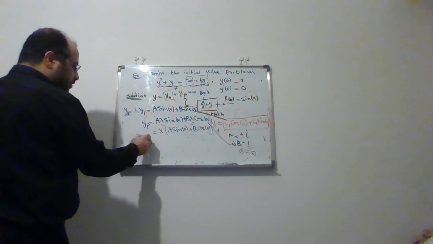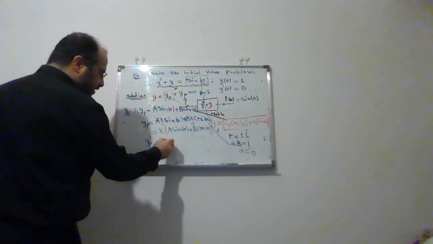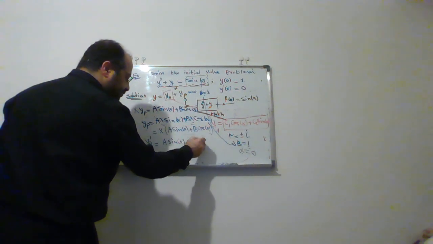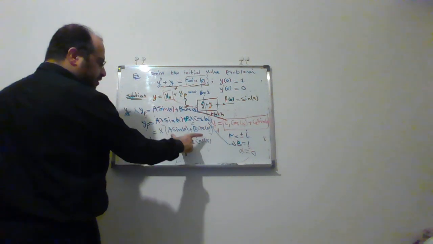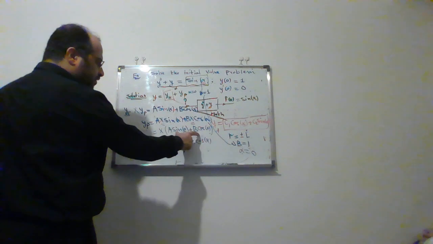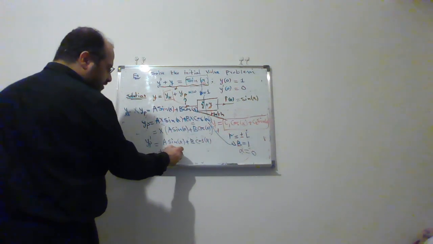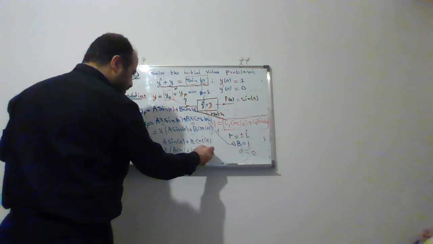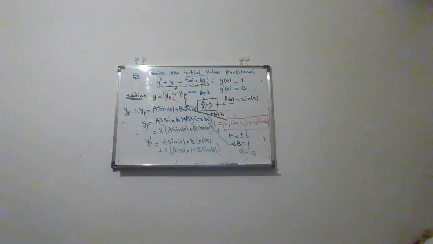So y particular prime will be 1, and then I get a sine x plus b cosine x. So I differentiate the x with 1, and I keep that thing as it is. Then I differentiate this and leave the x, and here I get a cosine x minus b sine x, right? This is the first derivative, and then you need the second derivative.